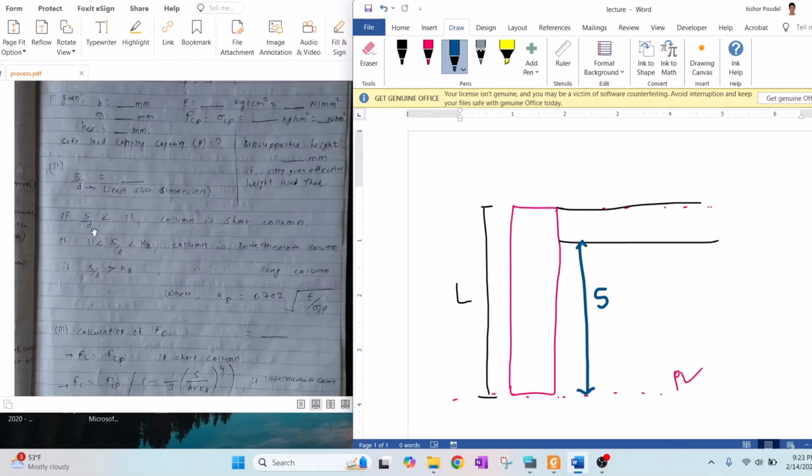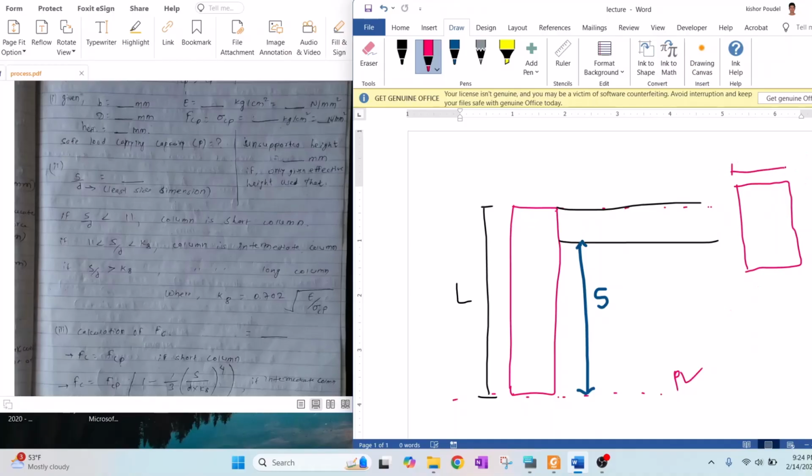And the next one is D. D means the least side dimension. If the cross section of the timber column is square, both sides are equal, so it doesn't matter. But if you choose a rectangular column, you have to take the least side dimension.